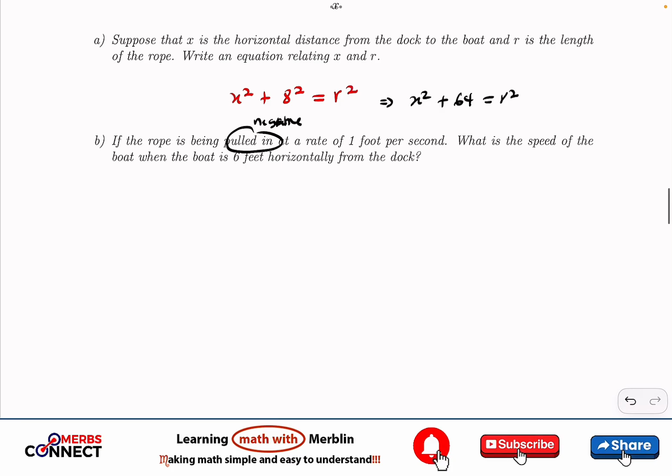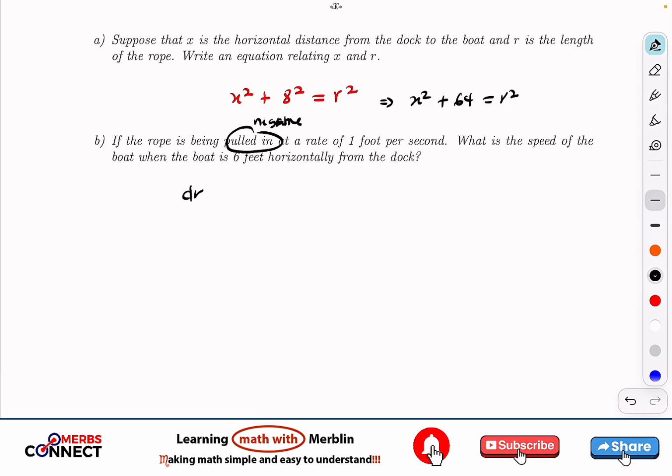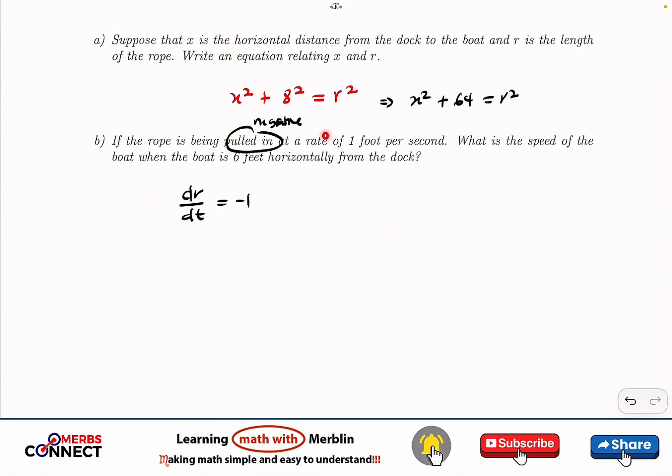Since we are talking about rate here, and remember, related rate, we go with respect to time. So dr over dt is equal to -1, because we have the rate, and it's going with the rope. And then we have the pull in, so we are going to have it to be negative here.